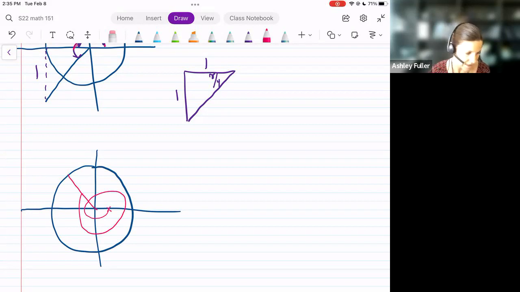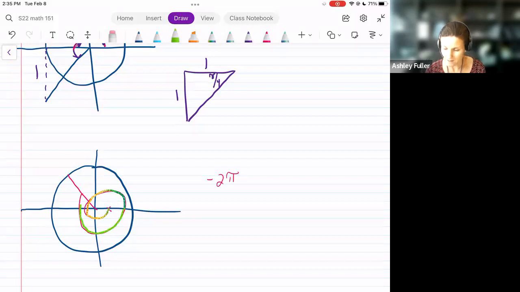So clearly I've gone around at least one full circle, which is negative 2 pi, because remember I'm traveling clockwise. So that's from here to here. And then I've traveled even further from here to here, which is another negative pi. And then I need to extend it just a little bit more by this amount right here.